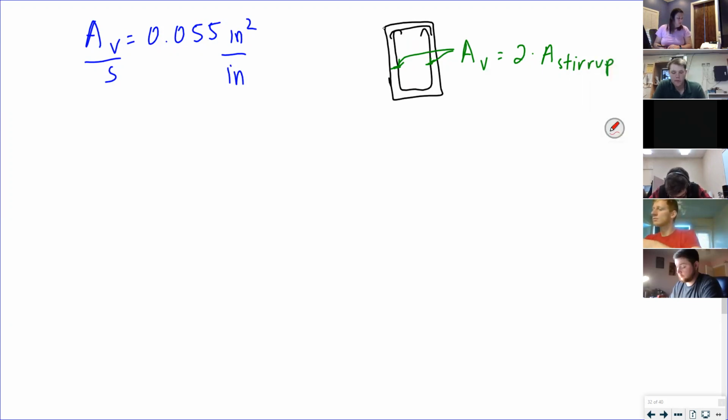So let's say I use number 4 stirrups; number 3s and number 4s are the most common.